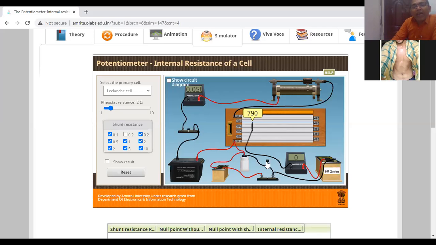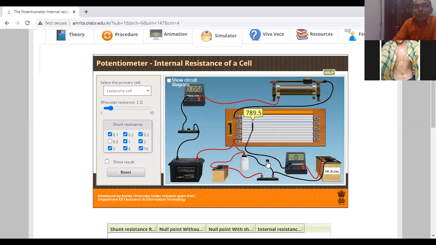Now, what we have to do, we have to press the K2, and then we have to insert the resistance 0.5, say here 0.5 ohm we insert, and then measure the length L1 for 0 reading. Okay, here we get 789.5 as L1.